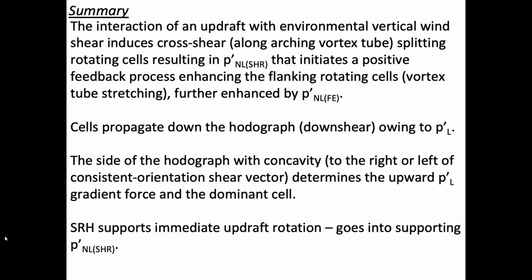So in summary, the interaction of an updraft with an environmental vertical wind shear is going to induce a cross shear, or along the arching vortex tube, resulting from the vorticity associated with the vertical shear of the horizontal wind through a deep layer or through some consistent shear layer, splitting rotating cells that result in nonlinear shear enhancements from perturbation pressure that initiates this positive feedback process, enhancing the flanking rotating cells from further vortex tube stretching, further being enhanced by the nonlinear fluid extension component.